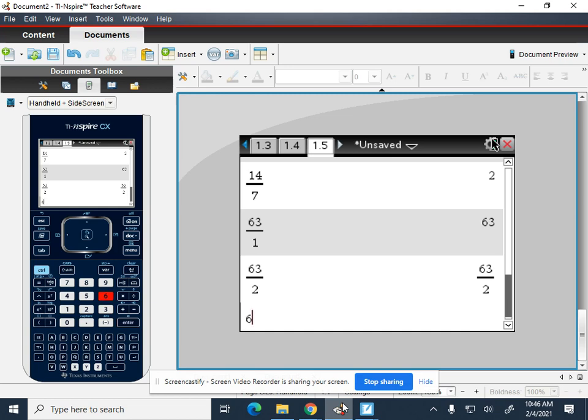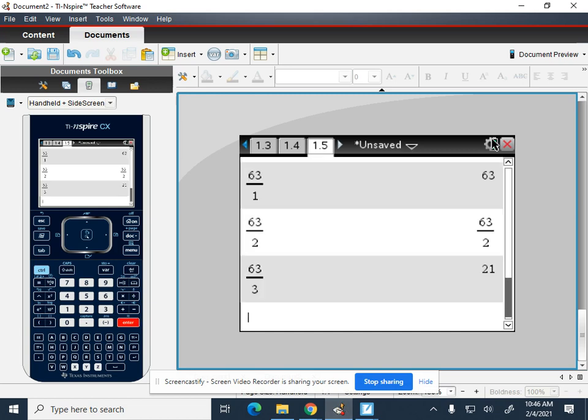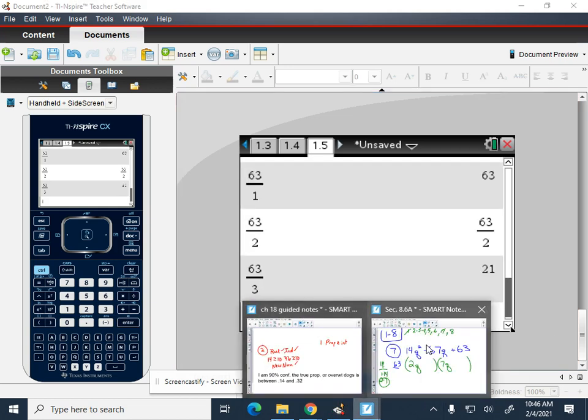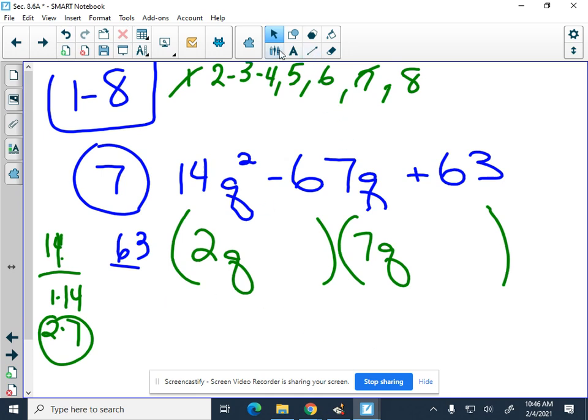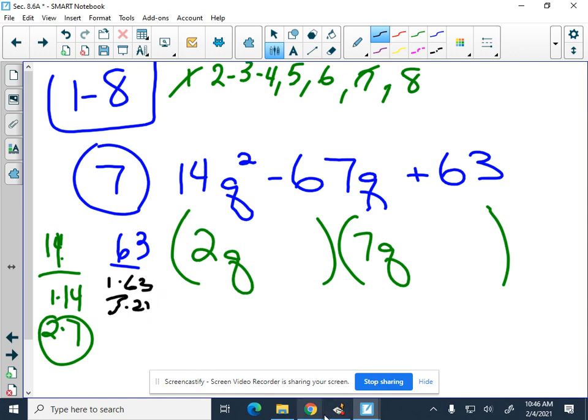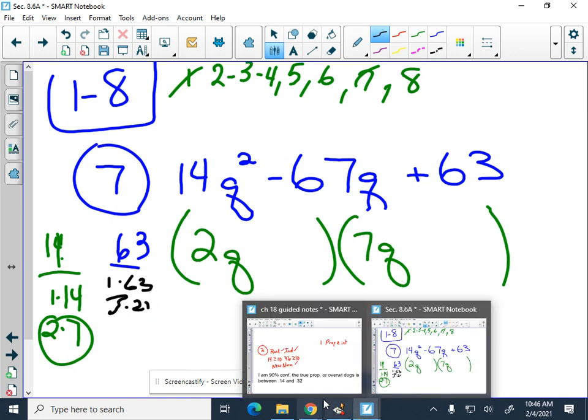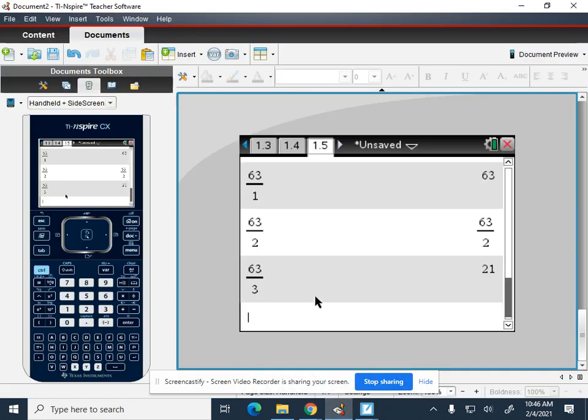So I'm going to take 63 divided by 3. It works. I'm going to write those down. So far I have 1 and 63. 2 didn't work. 3 and 21. I could write them neater when I get done. Now, I don't have to check 4. I don't have to check 6. I'll check 5.